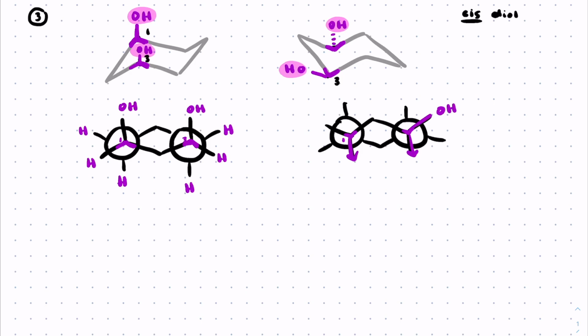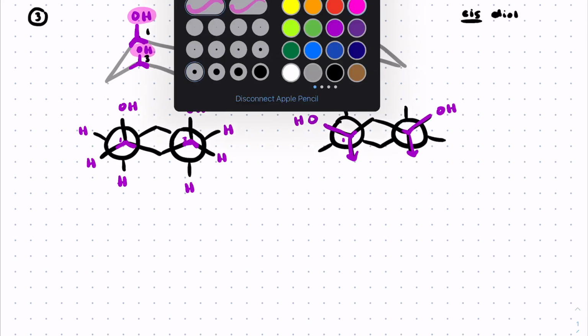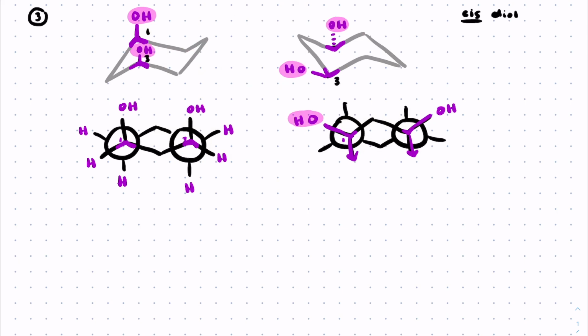It's going to be off to the side like this. And you can still see that they're on the same side, the same face. They're both above the center plane, they're both like above this line, right? And everything else is a hydrogen. And so those are your two Newman projections.